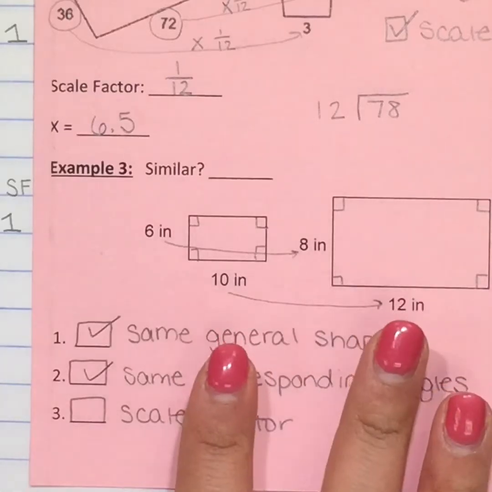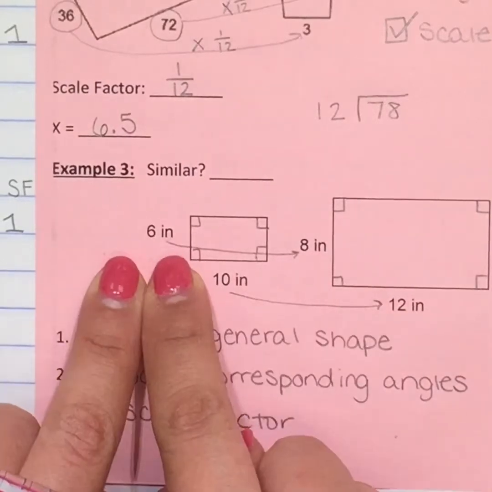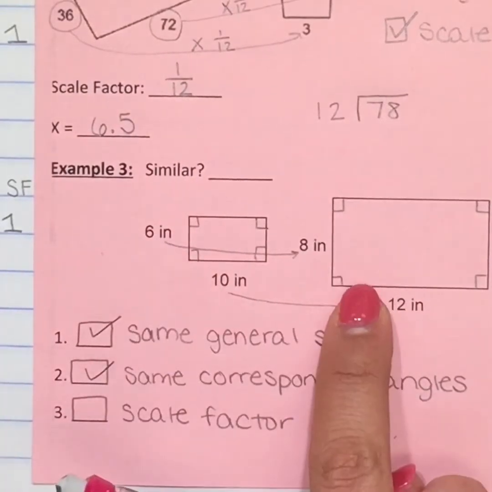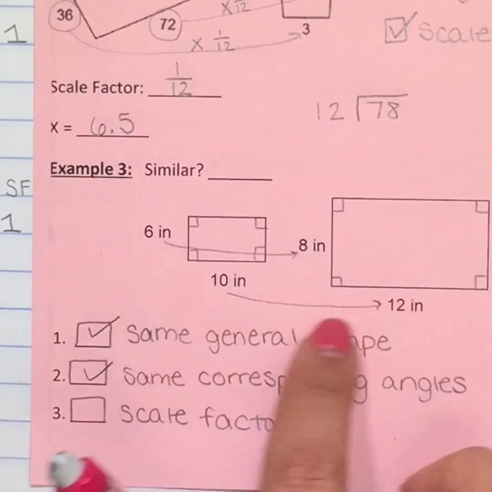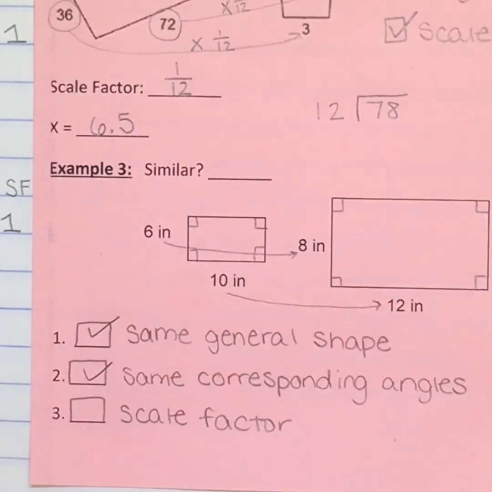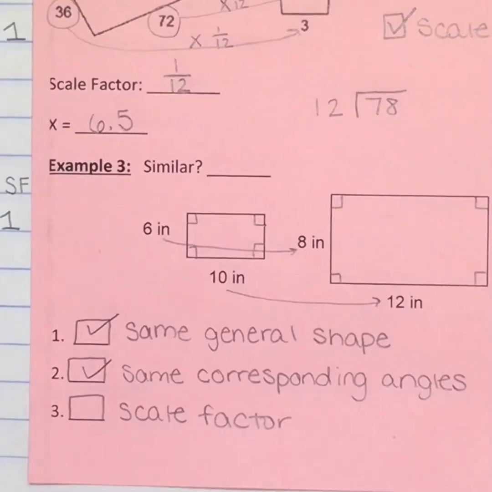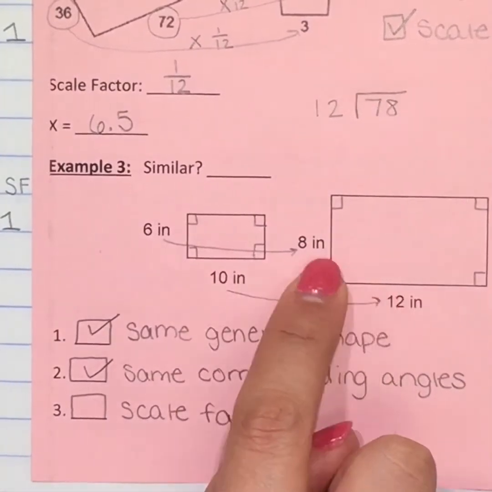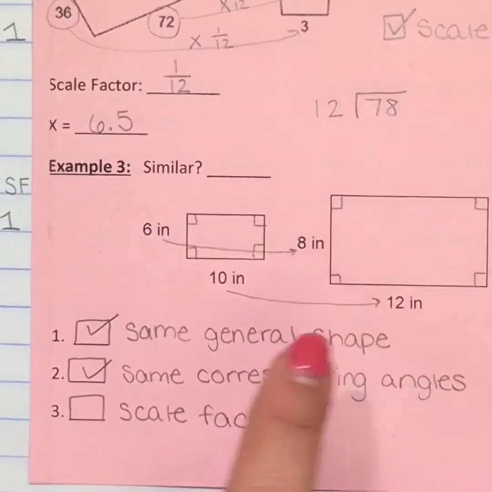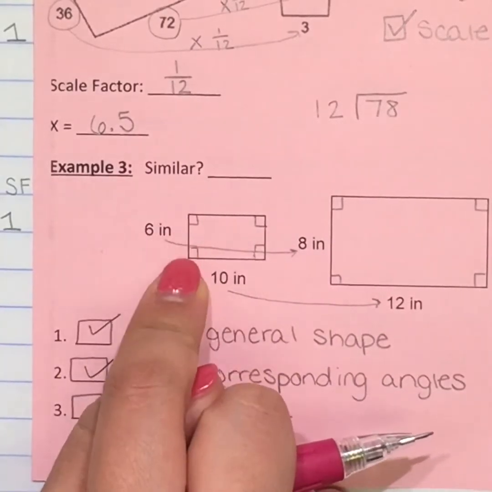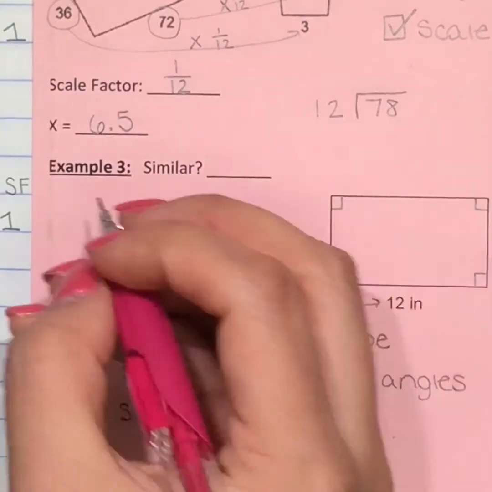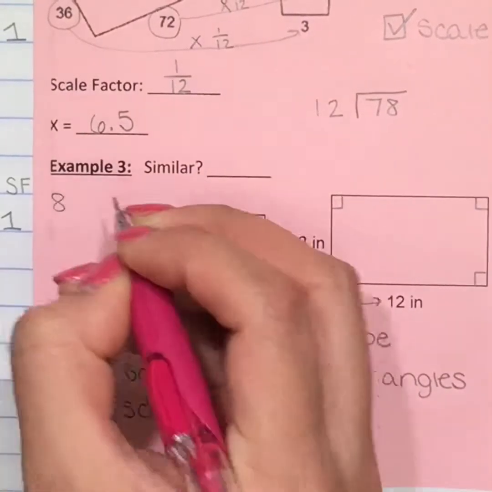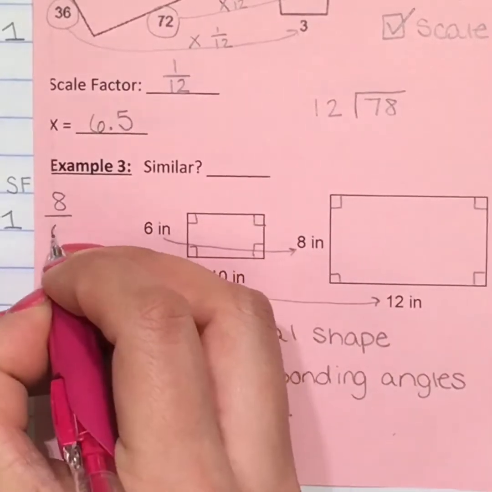So here's the deal with similar shapes. They are proportional. This small rectangle is proportional to this large one. So instead of just dividing the numbers, I can actually make fractions. I can make ratios to figure out what the scale factor is. So going from the small to large, I know that this side, 6, corresponds with 8, which means that 8 is to 6.